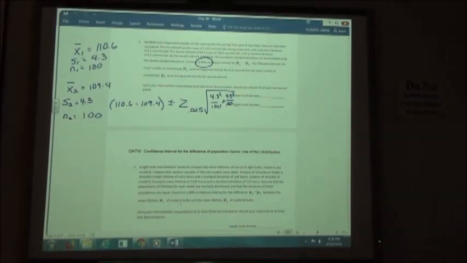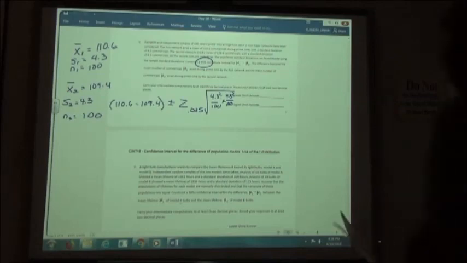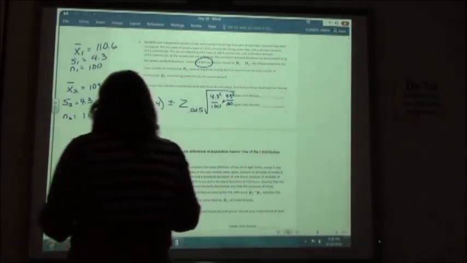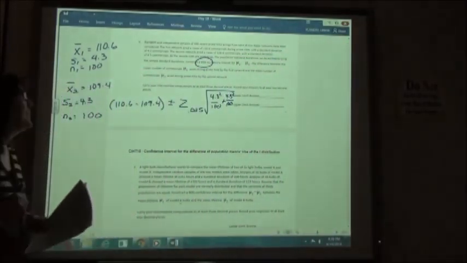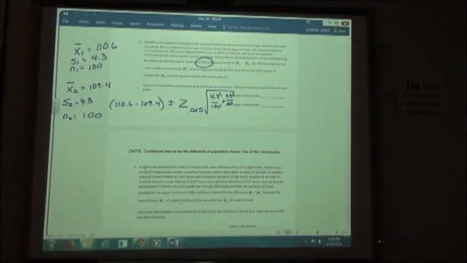Yep. This should be 4.3 squared, not 4.32. So make those squares instead. 4.3 squared. Did this undo if you typed something in wrong? There you go. 0.01? That sounds better.